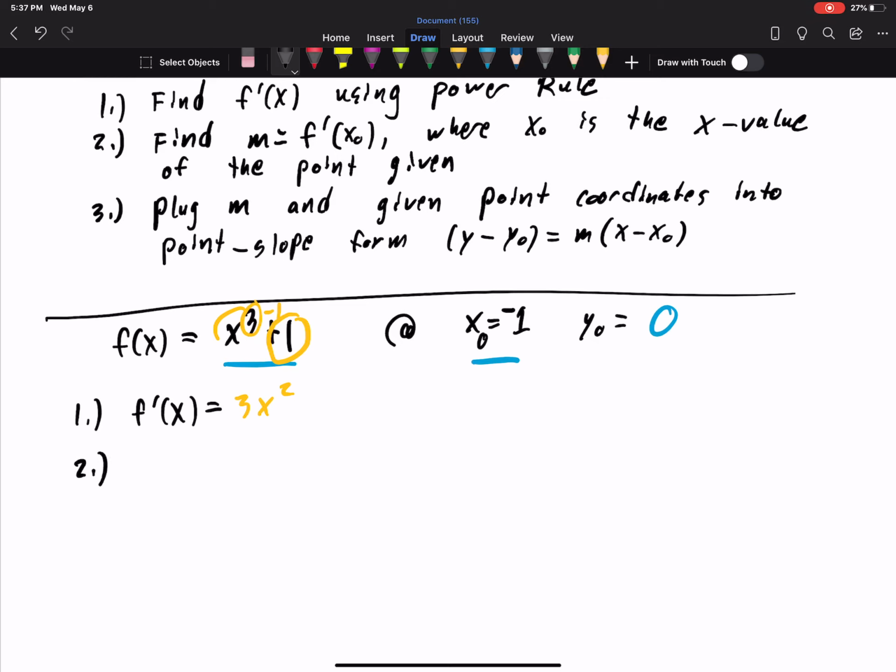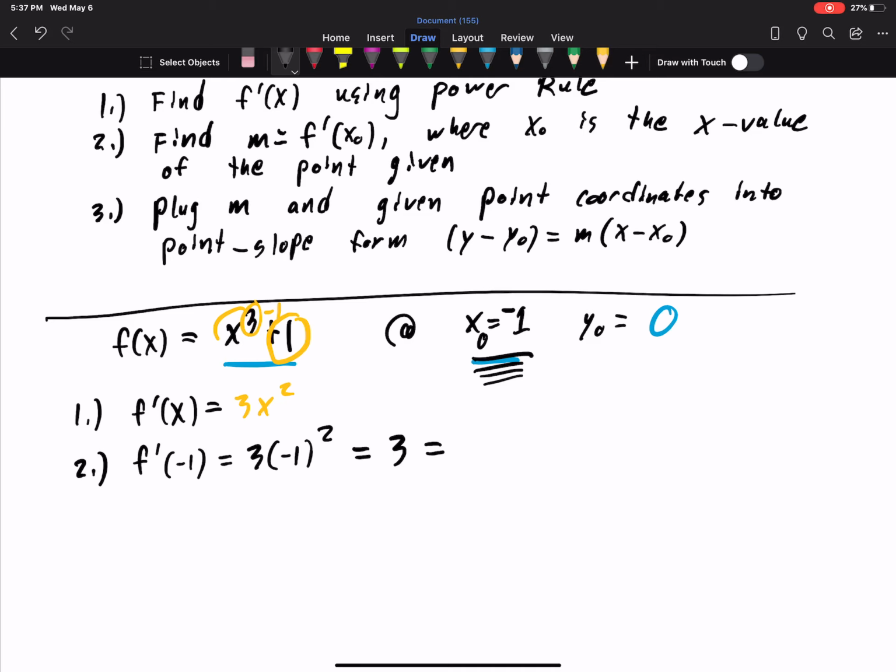Step 2 is we're going to plug the point given here into our derivative to figure out what the slope is. So we have 3 times minus 1 squared. Minus 1 squared is just 1, so this gives you a slope of 3. Derivatives, again, are slope formulas.